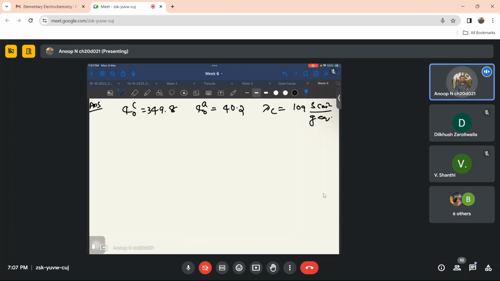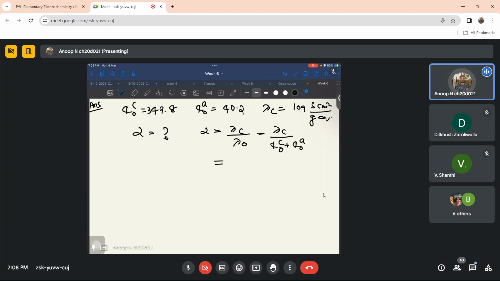Can you tell what formula we have to use for the degree of dissociation? Direct formula: alpha is equal to lambda C divided by lambda 0, which can be written as lambda C divided by L0 cation plus L0 anion.